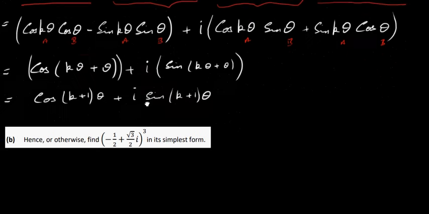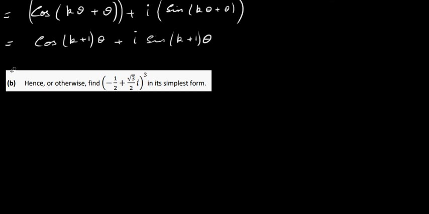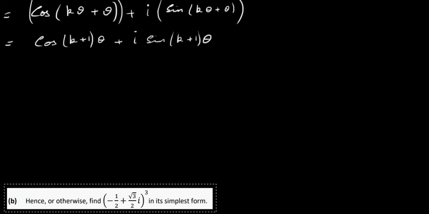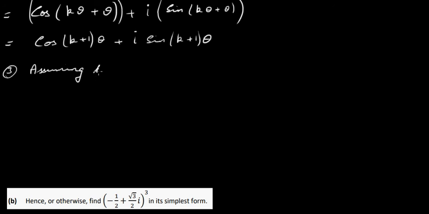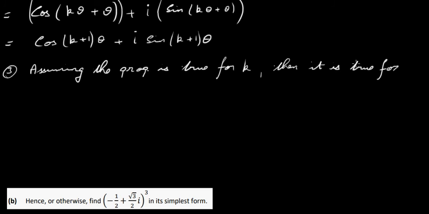So what we can say then is, I'll just write it out here, I'll just move this down a little bit. This is part B of the question. Just get this out of the way here. Now what we can say here then is, this is really the last step, step 3 I think it is. We can say that assuming the proposition is true for k, then it is true for n is equal to k plus 1.